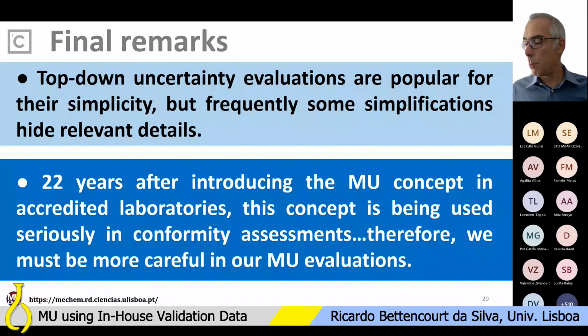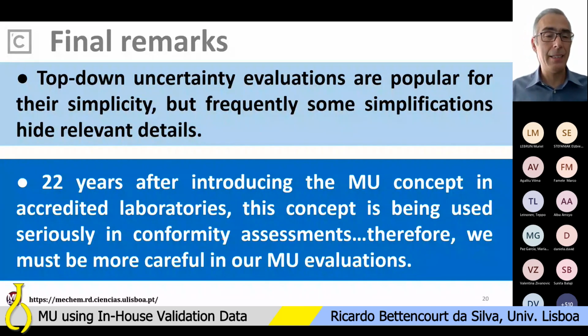At this moment, we celebrated the 22nd anniversary of the first edition of the 17025 standard that introduced the measurement uncertainty concept in accreditation. And it is important to mention accreditation because accreditation is what is internationally accepted as evidence of competence of labs.